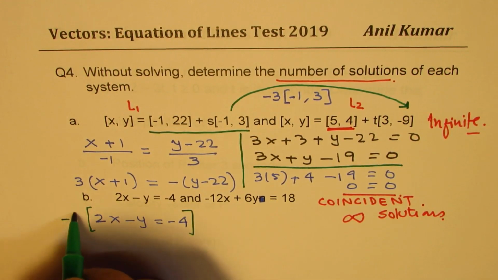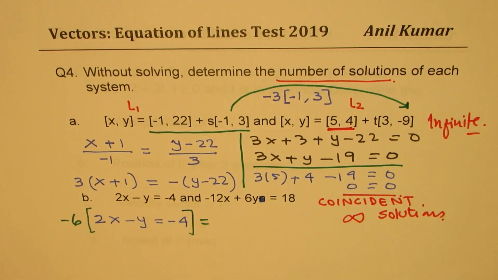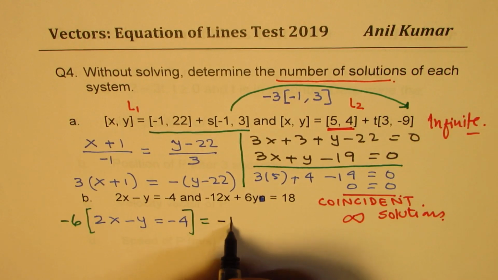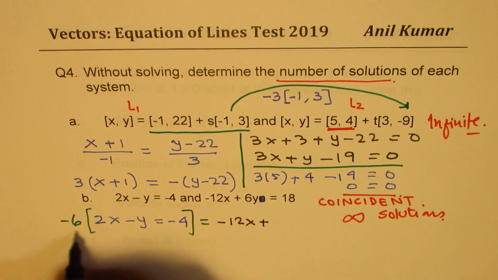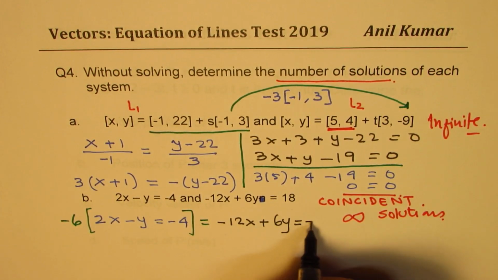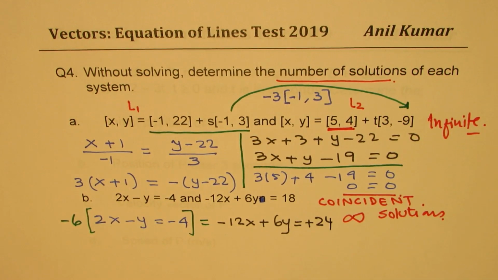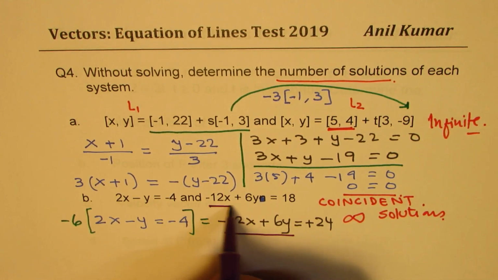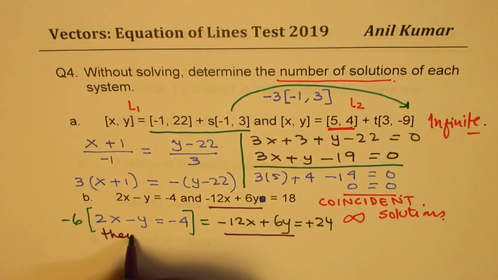So if I multiply by -6, what do I get? Well, if I multiply by -6, I get -12x plus 6y equals plus 24. Correct? So what we see here is that the normals are the same. They have the same normal.